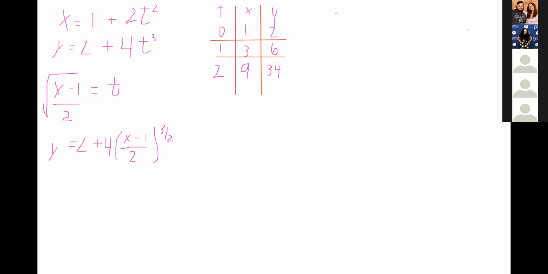Yeah. Let me, oh, here, I got you. Thank you. All right, so 1, 2, put a dot there, then 3, 6, and 9, 34.